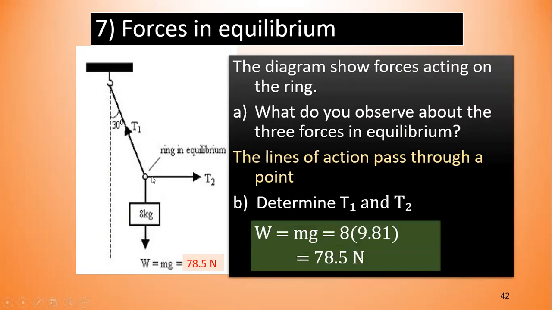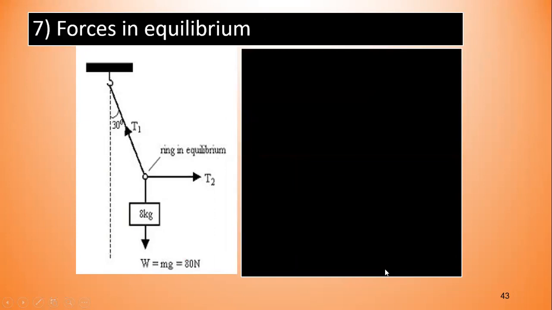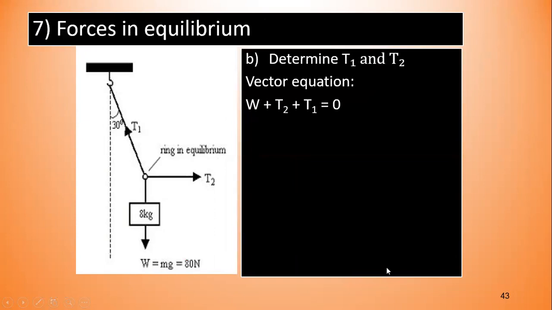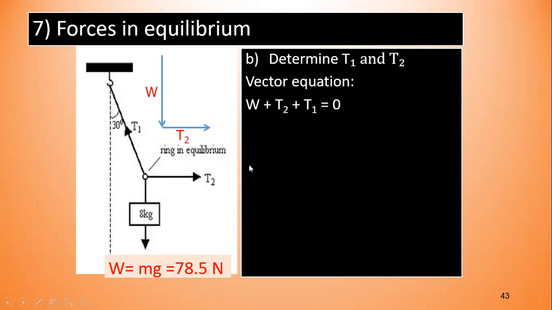First, calculate your weight. 8 kilograms is the mass times acceleration. Use a calculator, 28.9. Resolve into components or use triangle of forces. There's your weight, there's your T2, there's your T1. The angle is 30. This is also 30.